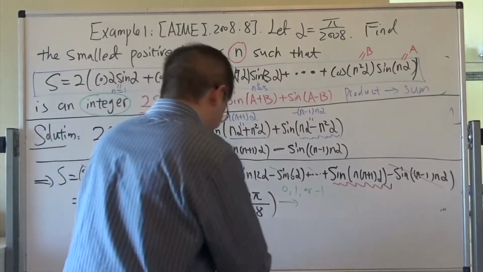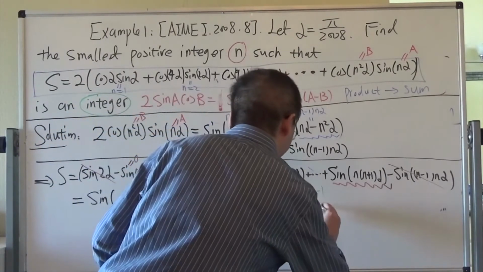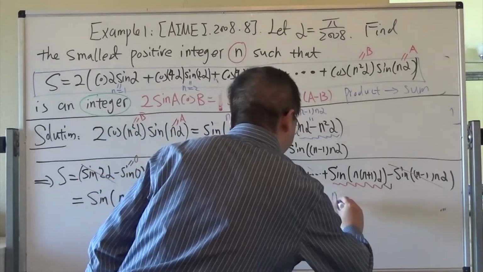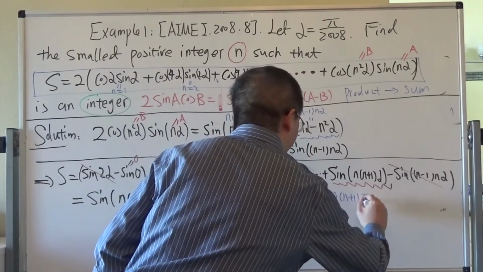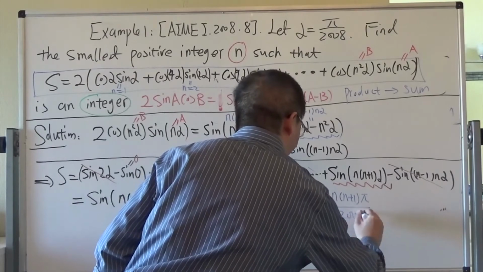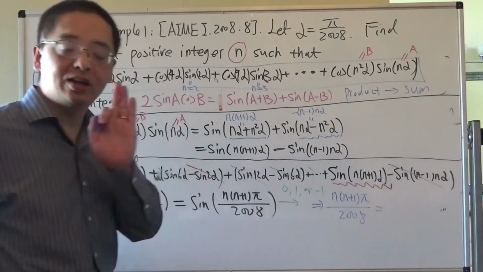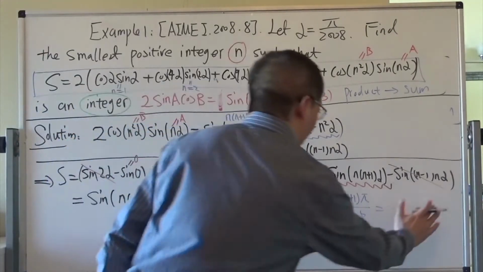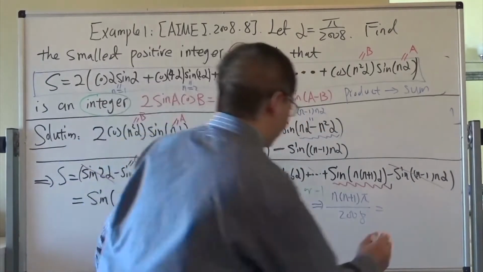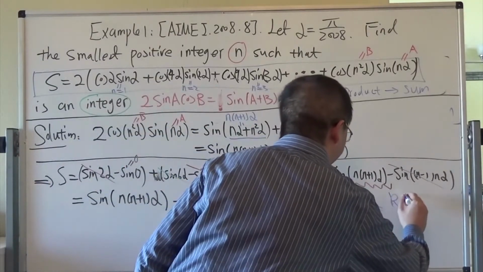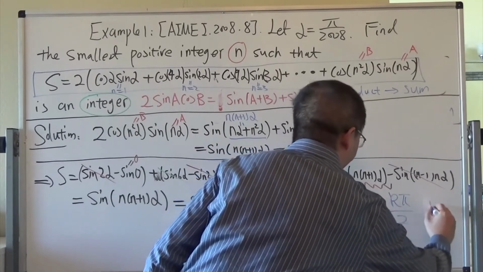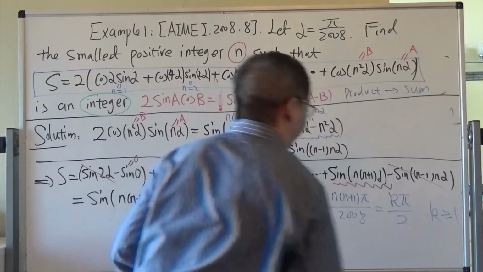From here we deduce what we want is n times n plus 1 times pi over 2008 to equal an integer multiple of pi over 2. So we want this to be k times pi over 2, and k of course is a positive integer.